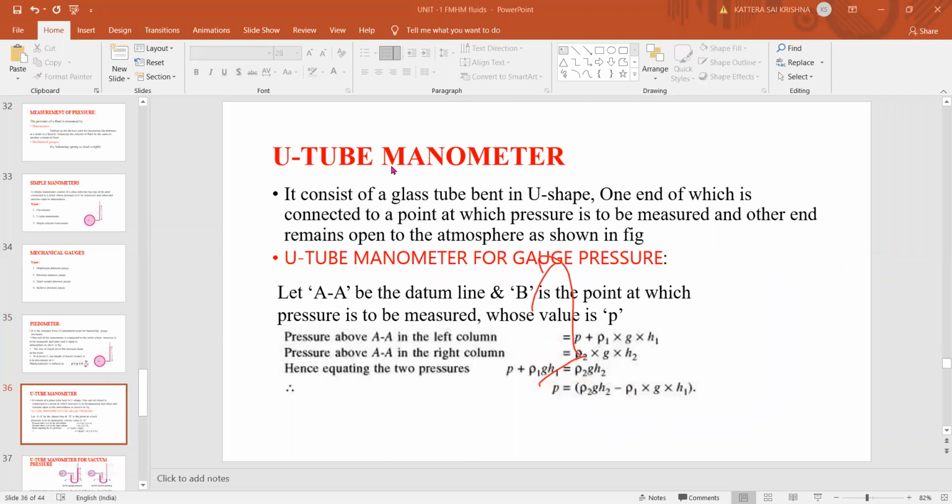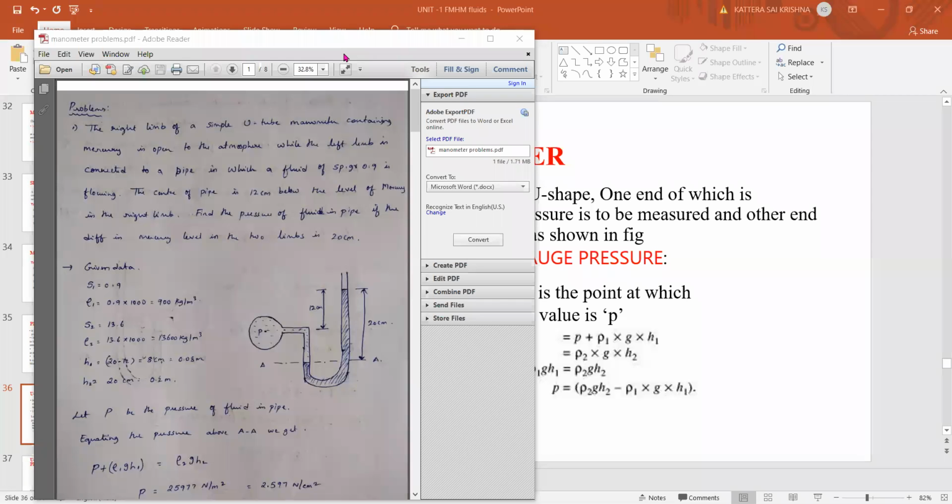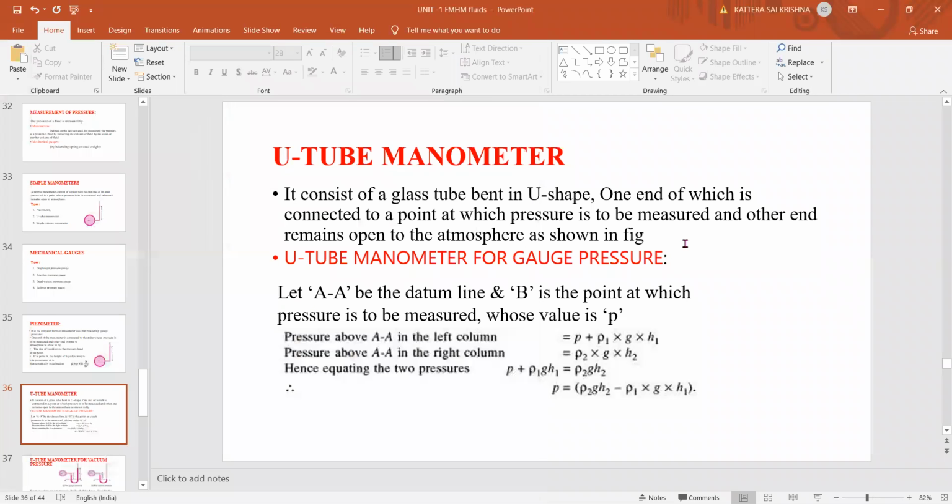Next, if you go for the U tube manometer, just a minute. While coming to U tube manometers, how does it look? Nothing but a U-shaped tube.